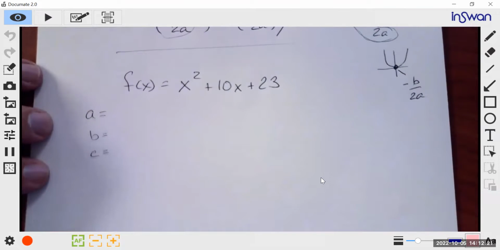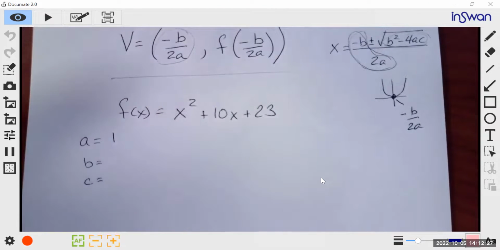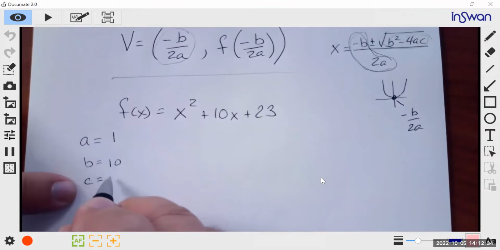So what is A? 1. A, B, and C are numbers, not letters. They have to represent only the coefficients. What's B and C?